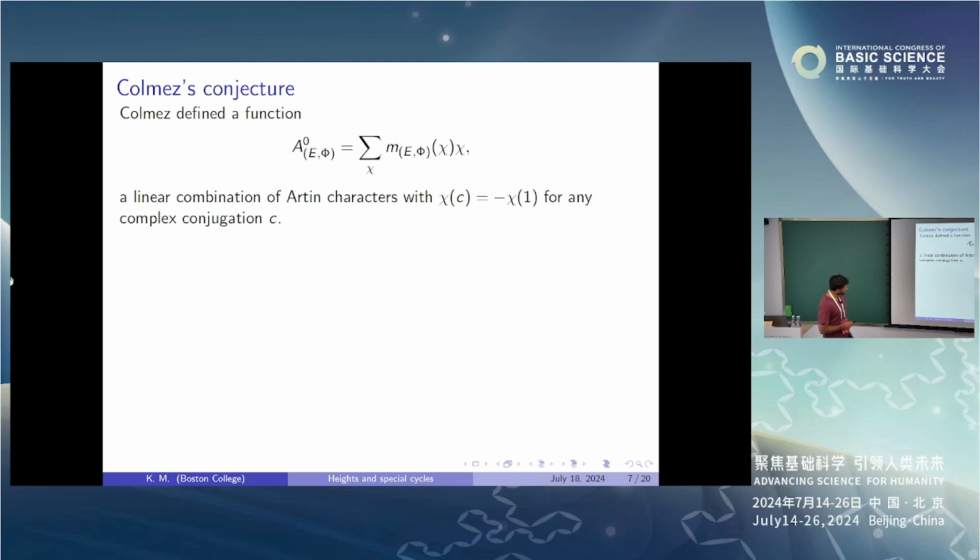He defines this linear combination of Artin characters which satisfy this condition. This condition ensures that the L-function of chi, which a priori is a meromorphic function on the plane, in fact has no poles or zeros at 0.